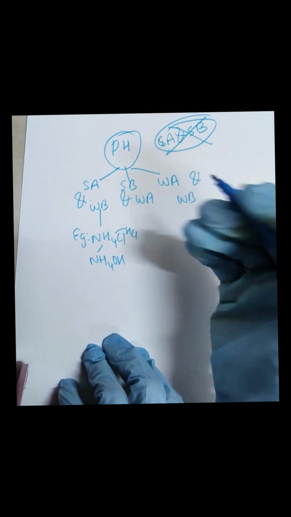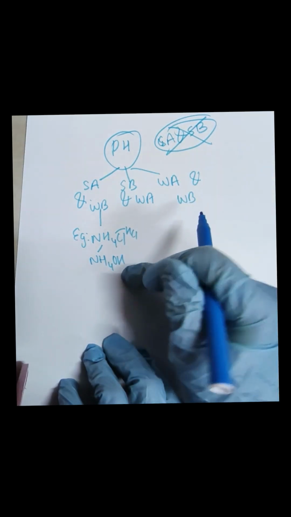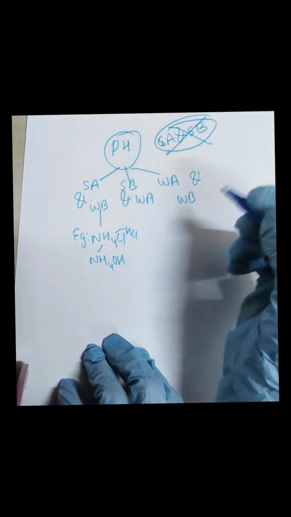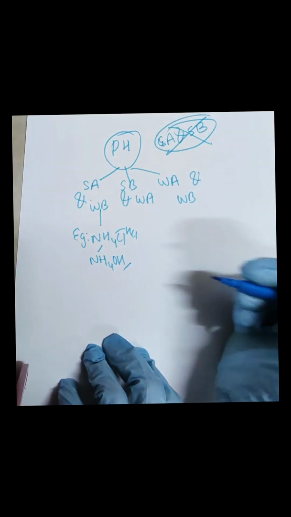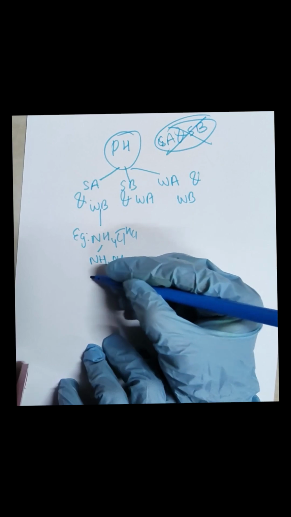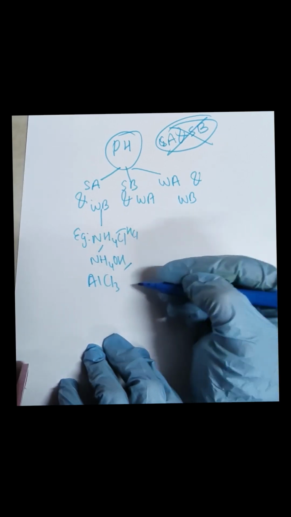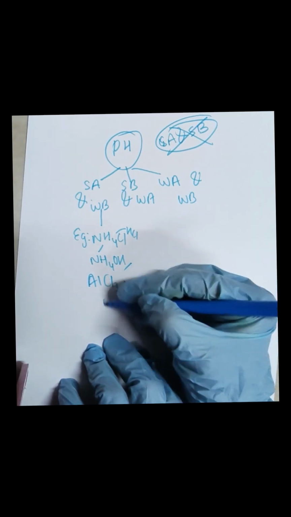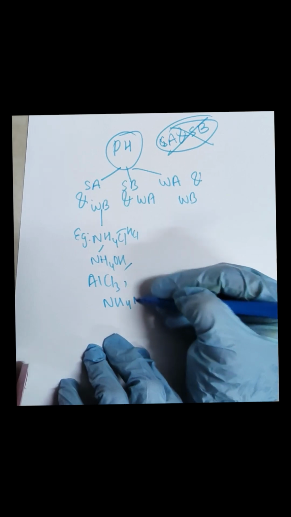So HCl is a strong acid and NH4OH is a weak base. Okay, and you can also say FeCl3 and NH4NO3. So we can give examples.